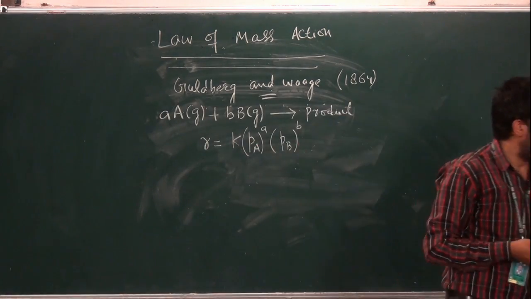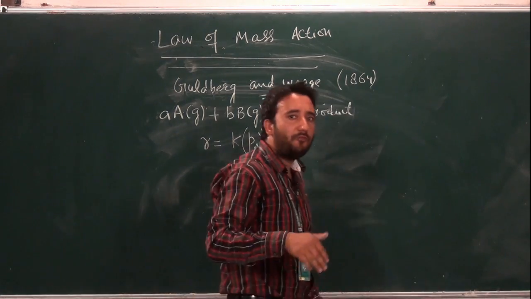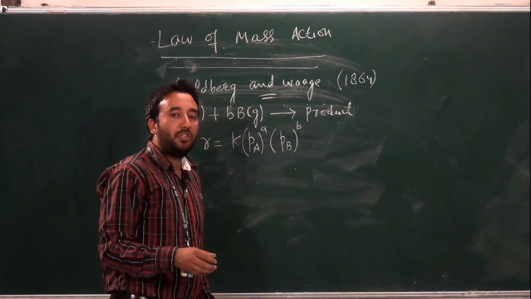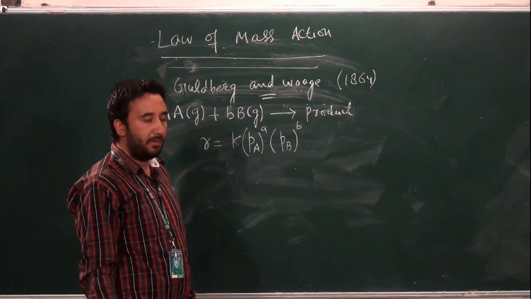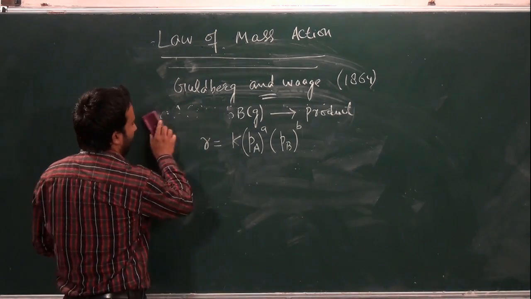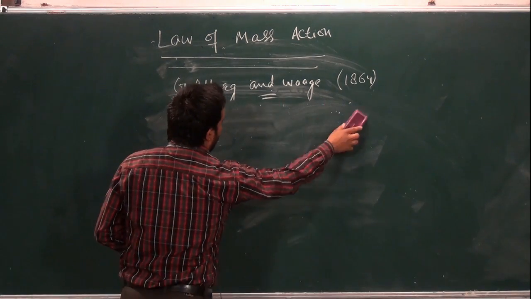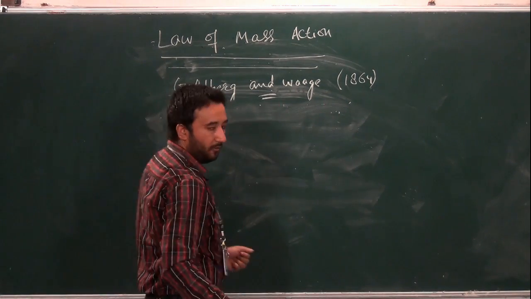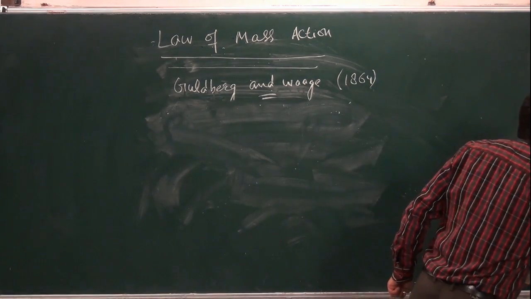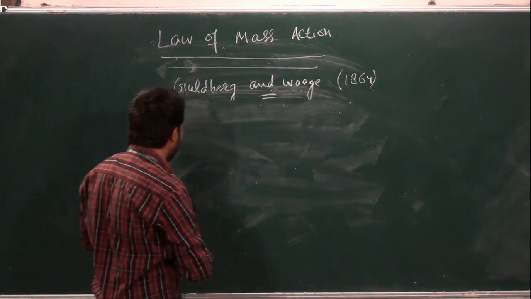Now, let us apply the law of mass action to chemical systems involving equilibria. In case of chemical systems involving equilibrium, the law of mass action is used as follows.